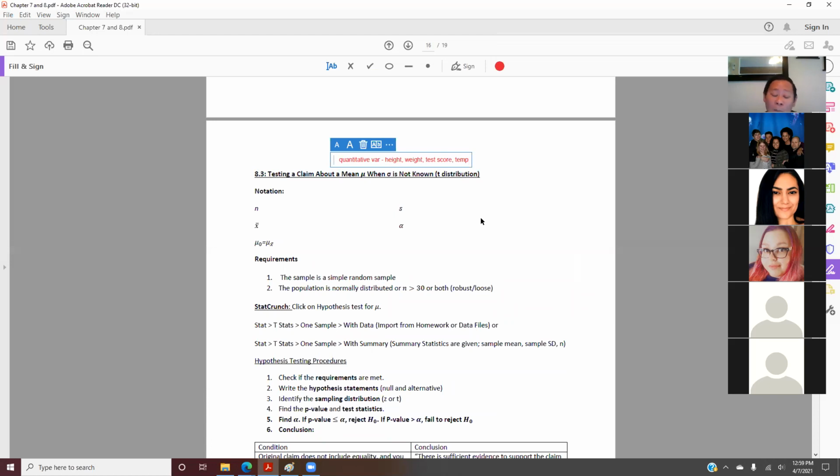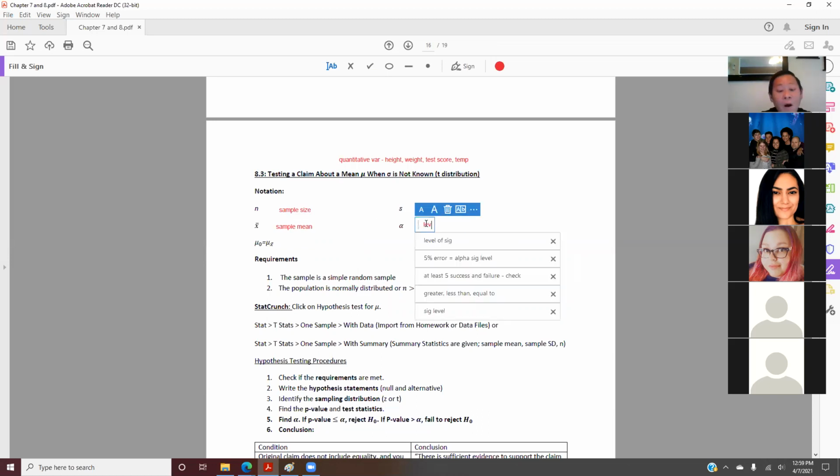Those are the ones that we talk about in this 8.3 section. Your n in this case will be your sample size, so you need to know how big the sample is. X bar is your sample mean, that means the mean comes from the sample. s is the sample standard deviation.